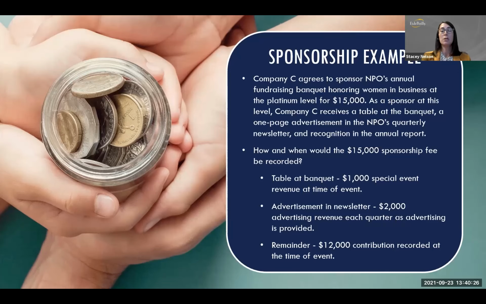Similarly, the advertisement in the newsletter, they also sell that outside of a sponsorship, so they have identified $2,000 of that as being advertising revenue. And again, that was quarterly, so they're going to recognize a portion of that each quarter as that advertising is being provided. The remaining amount then, $12,000, would be considered contribution revenue, and that would be recorded at the time of the event.